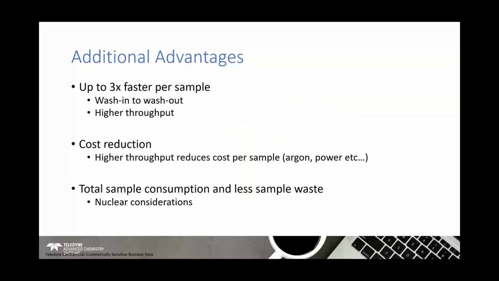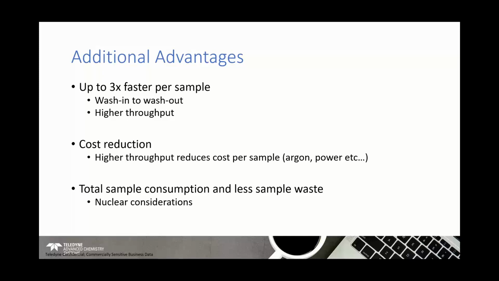So there are additional advantages as well, which I alluded to. So you are analyzing for a much shorter period of time compared to the conventional approach. It's up to 3 times faster on a sample per sample basis between wash-in and wash-out processes. So essentially, you're looking at a higher throughput.